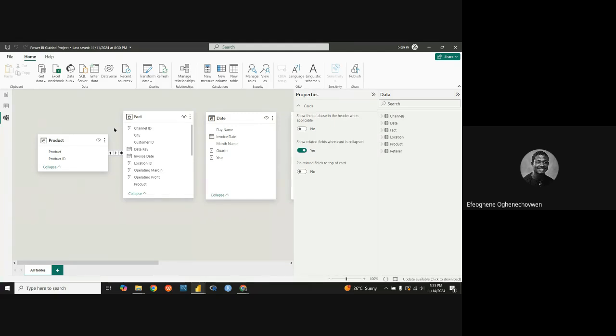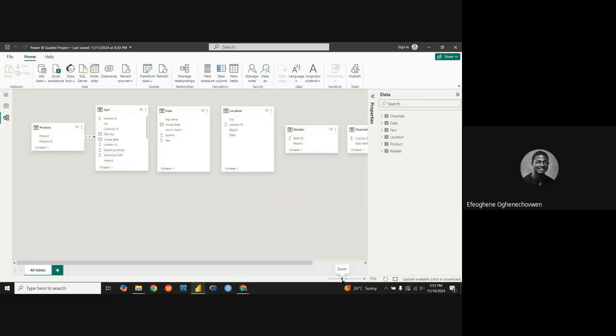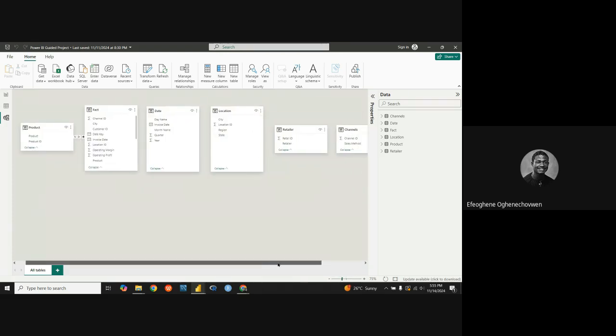It knows what you've done and it automatically helps you to create a relationship between your tables. So these are my tables. You can see them. Beautiful tables.